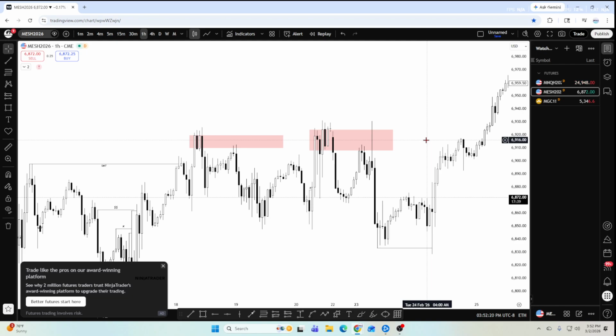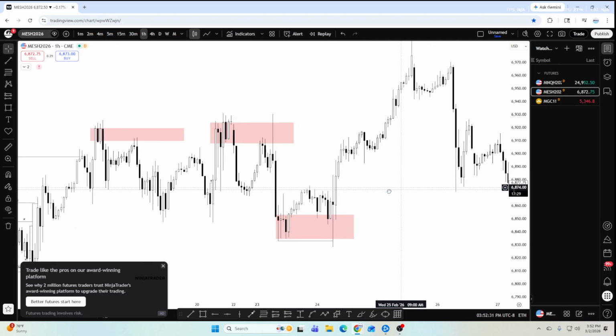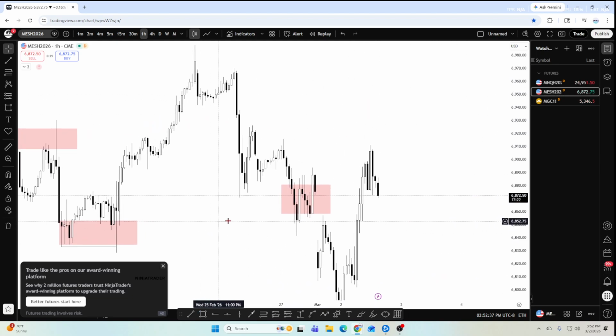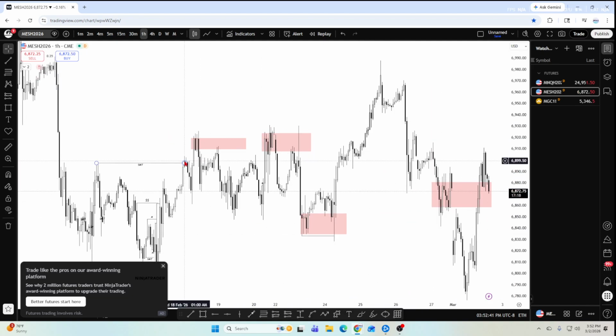Now, we don't know for sure that that's what price is doing, which is why I don't like supply and demand. To me, all they're doing is marking areas where price is accumulating, and let's say probably like here. They mark out areas where price is accumulating, meaning they see a couple bodies or price just in a certain area, and they'll say, okay, well, we're gonna sell here.